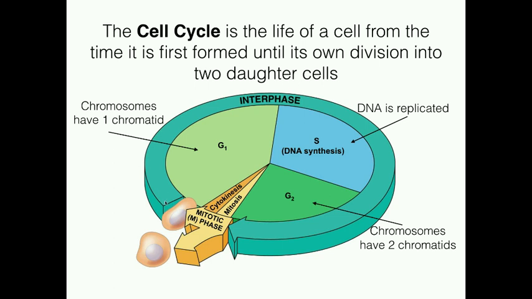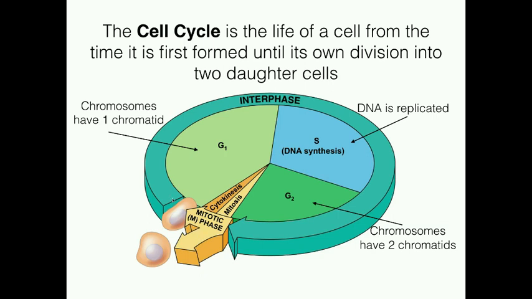The longest is interphase. Interphase is all of the stuff that happens when a cell is not actually dividing. The other phase is mitosis, or M phase. This is what happens when the cell is dividing. Most cells spend most of their life in interphase.